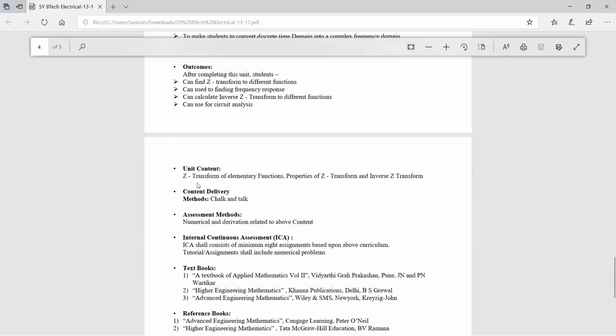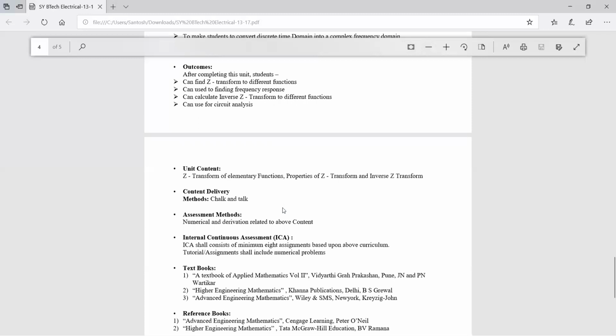Unit content: Z transform of elementary functions, which may be exponential, sine, cosine, trigonometric functions. We have to find the Z transform of some elementary functions, properties of the Z transform, and lastly the inverse Z transform. These are the contents of chapter number 6, Z transform.